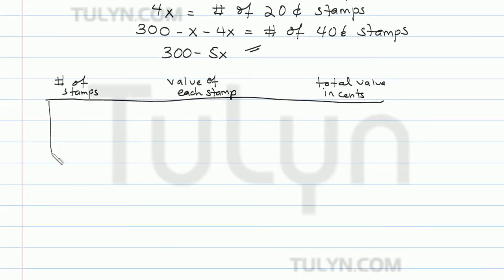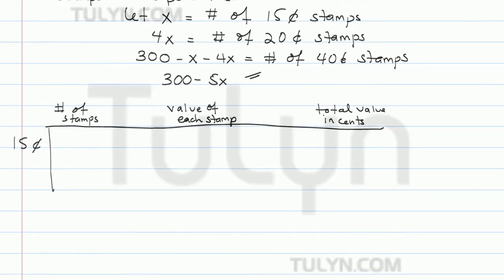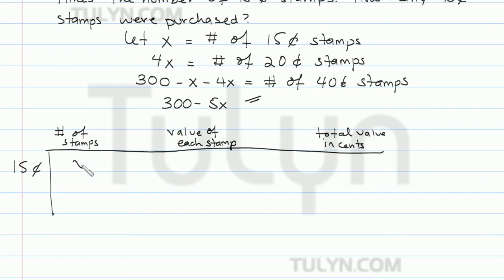For example, for our 15-cent stamps, the total number of stamps is x. The value of each stamp is 15 cents, so the total value is 15 cents times how many stamps there are, so 15x. For the 20-cent stamps, the number of stamps is 4x, worth 20 cents each, so the total value in cents is 20 times 4x, which is 80x.